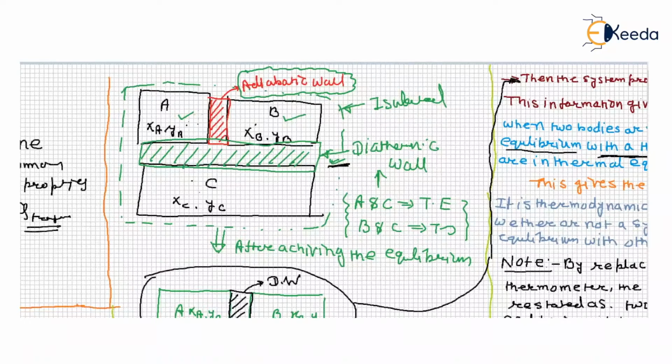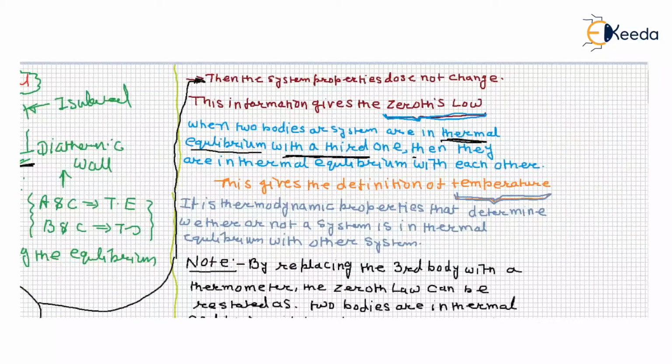This information is given by the zeroth law. Due to thermal equilibrium, a property is defined as temperature. The concept of thermal equilibrium is given by the zeroth law, and the zeroth law gives the concept of temperature.